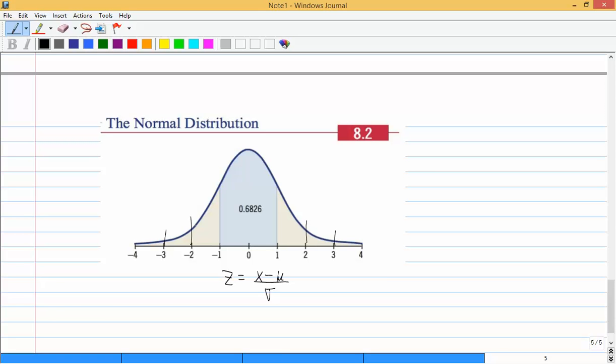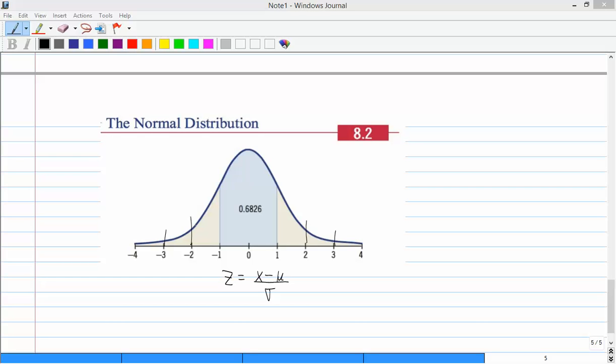What's a normal distribution? You have small, and then it goes up, and then it goes back down. Since all normal distributions are symmetric, the mean, mode, and median are all equal. Okay.